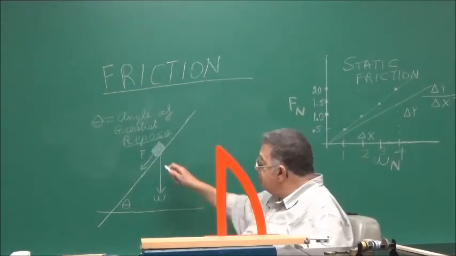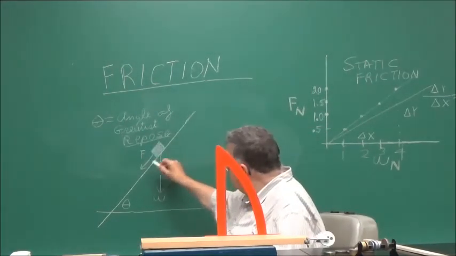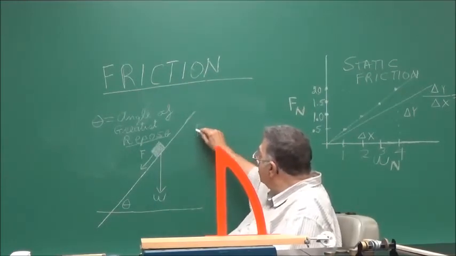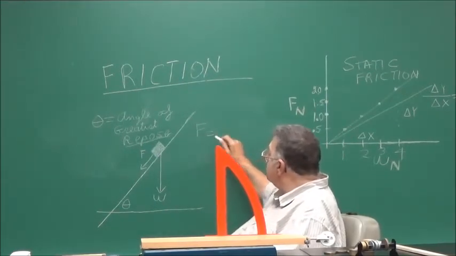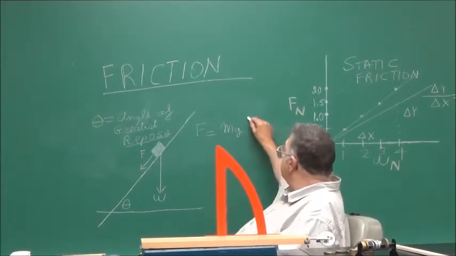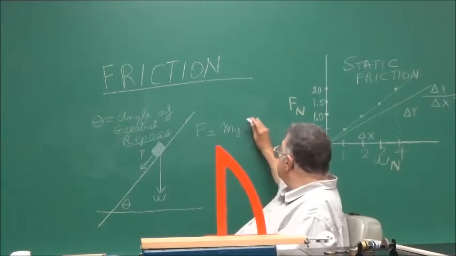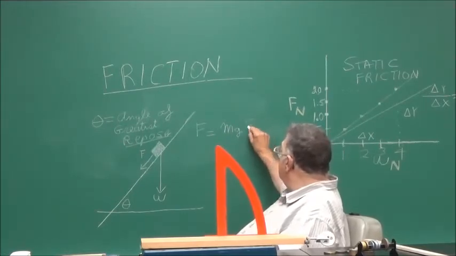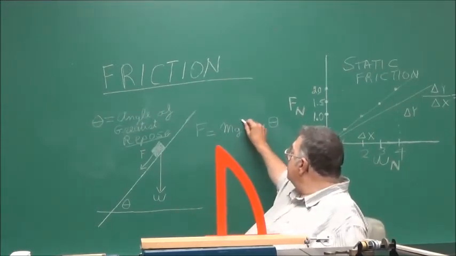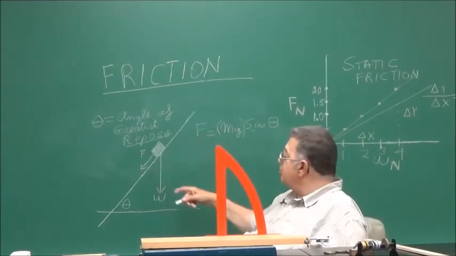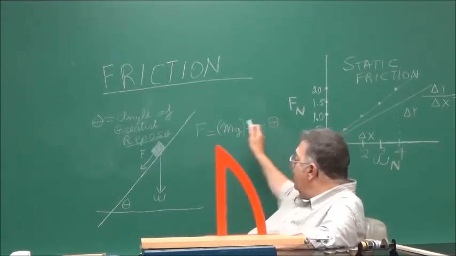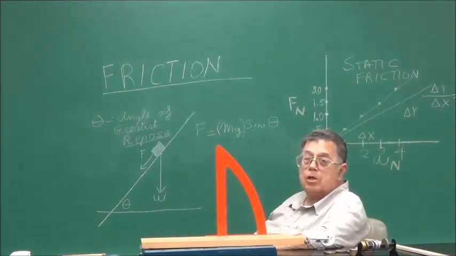The force in this downward direction against the slope is given by force equals mg sine theta, where mg is, of course, the weight of this object, straight down, W, and this is the sine of the angle of the slope.